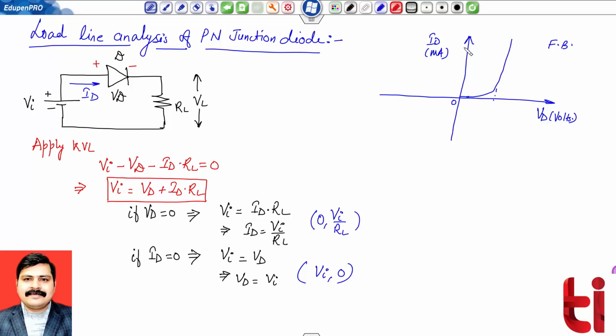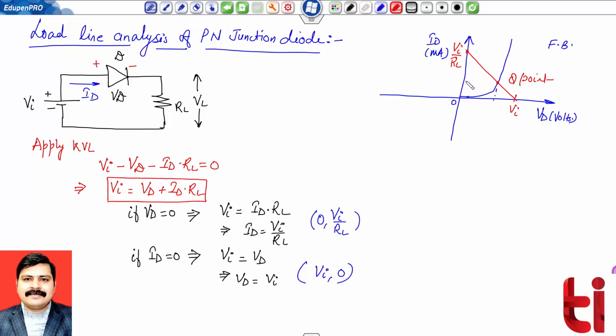So I can easily draw a line by marking the points. For simplicity, I am joining the line, and this is my Q point, the point of operation. This is my Q point, where the line intersects the curve. This point is VI upon RL, and this point is VI.